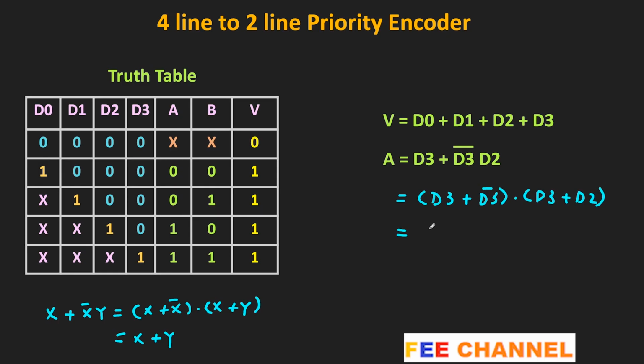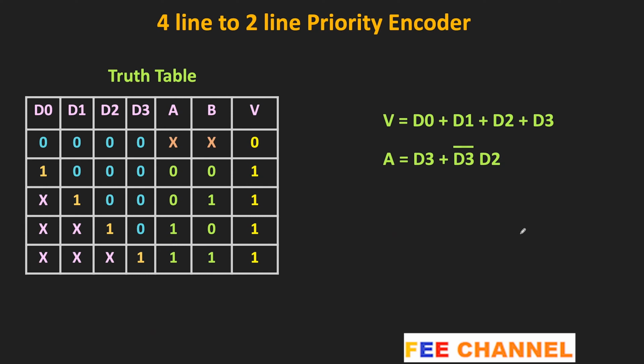Likewise, let us find the expression of B. As you can see, this B output is high when D3 is high, or when D3 and D2 are low and D1 is high. That means the output B is equal to D3, or D3 invert and D2 invert and D1. So once again, using the distributive law, we can further simplify this expression.